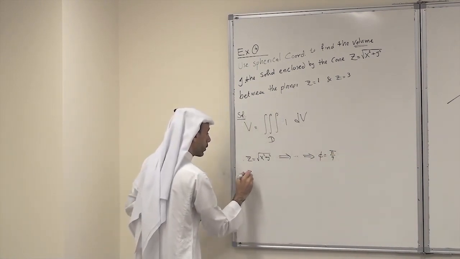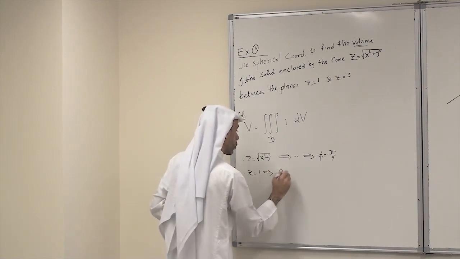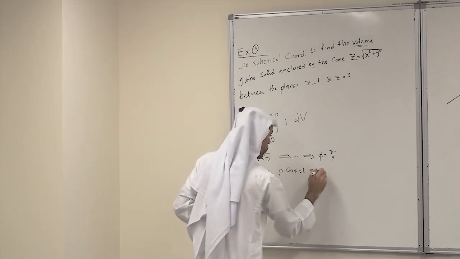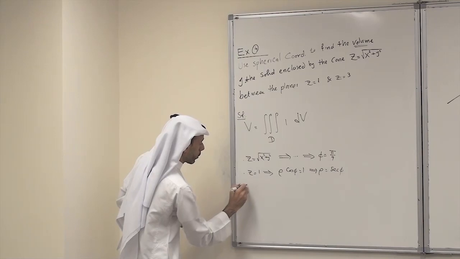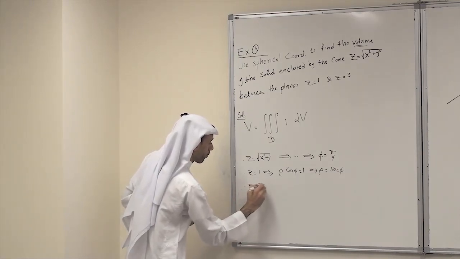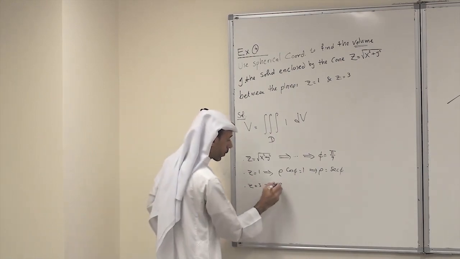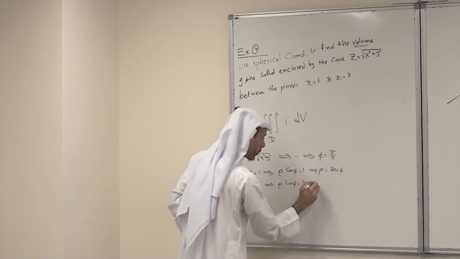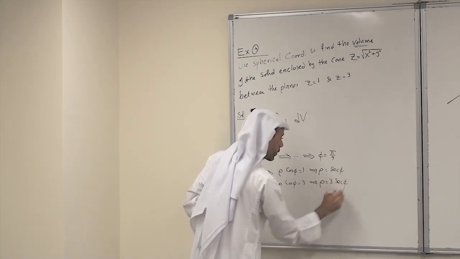When z equals 1, you get rho cosine phi equals 1, and hence rho equals secant phi. Also for z equals 3, you get rho cosine phi equals 3, and hence rho equals 3 secant phi.